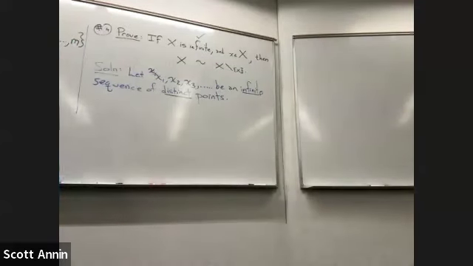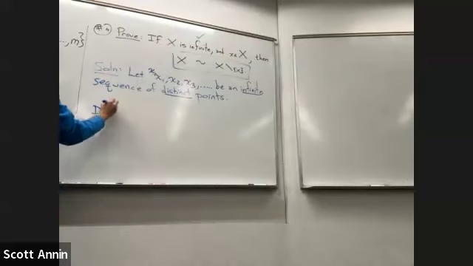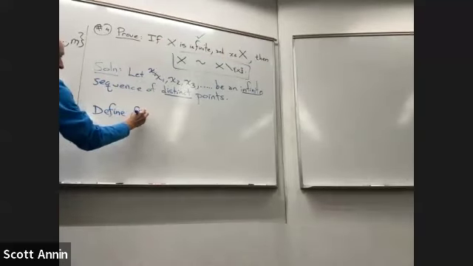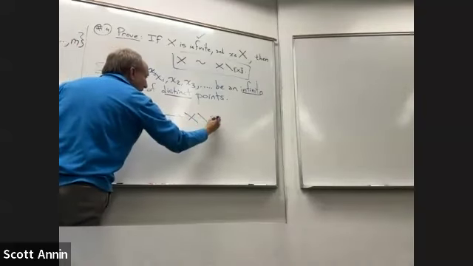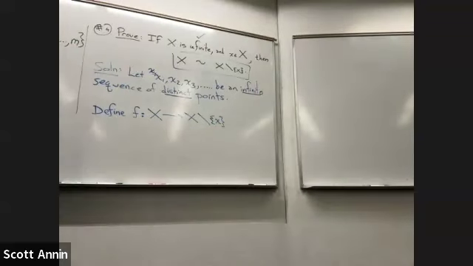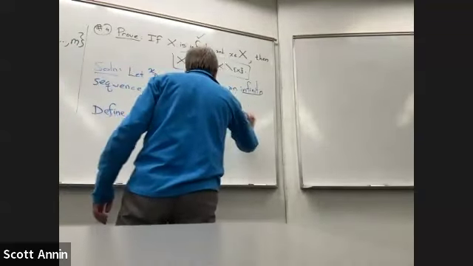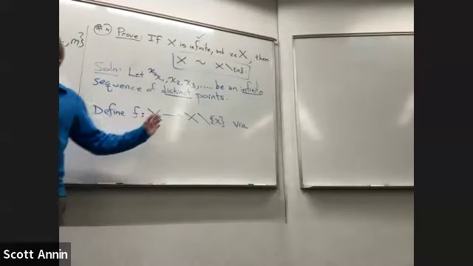And now I'm going to define a bijection between the two sets here, right? This is what I have to prove. So I'm going to define f. It's going to go from X to X minus little x via, so, you know, the sets are almost the same.